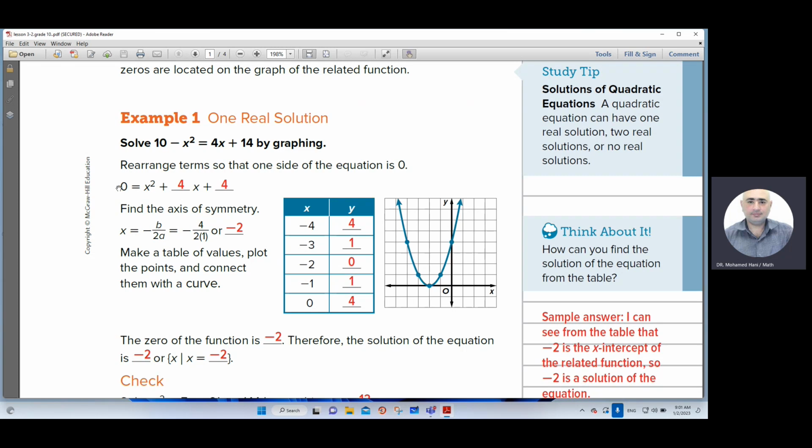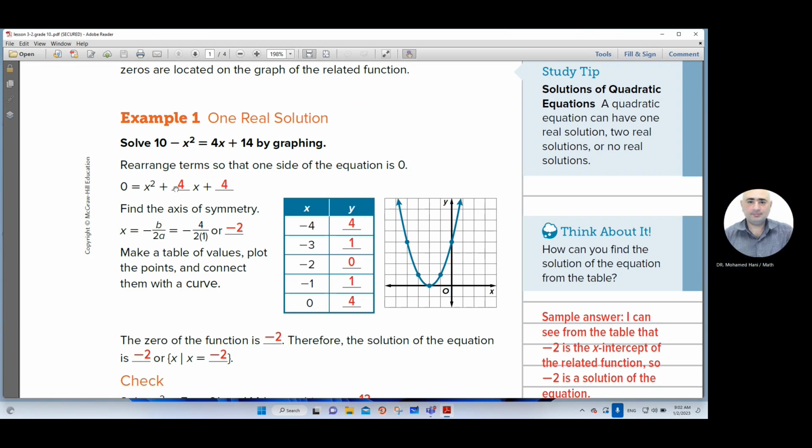Then we want to find the axis of symmetry. As you remember from the first lesson, we have an equation for this line: x equals negative b over 2a. What is the value of b?